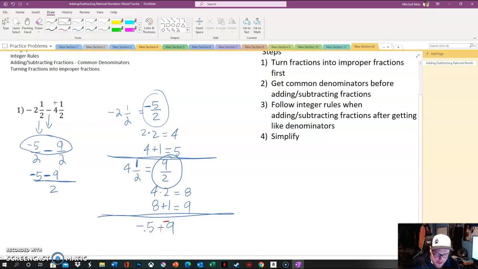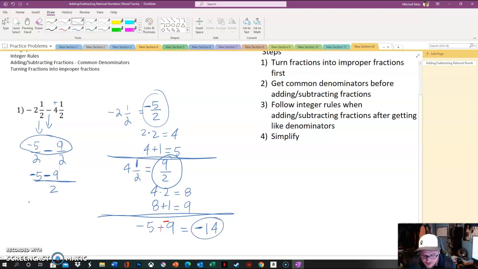So now the problem is negative 5 plus negative 9. I'm now adding. It's much easier. When I add two negative numbers, I will get a larger negative number. So think of your signs and numbers differently. When they're both the same sign, I'm just adding the numbers. So what's 9 plus 5? 9, 10, 11, 12, 13, 14. So negative 14 will be my answer for the top.